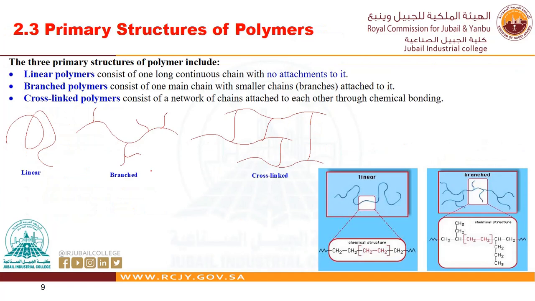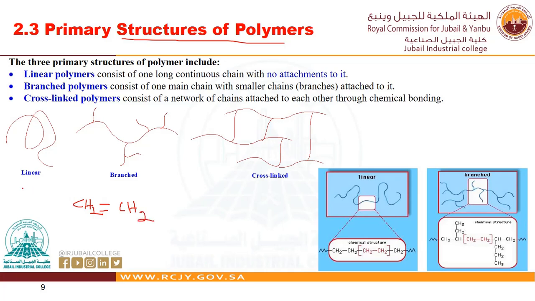Another classification is based on the structure of the polymer. For example, you can have ethylene monomer, and ethylene monomer has a carbon-carbon double bond, CH2=CH2, but under appropriate conditions, it can lead to polymers with different structures.